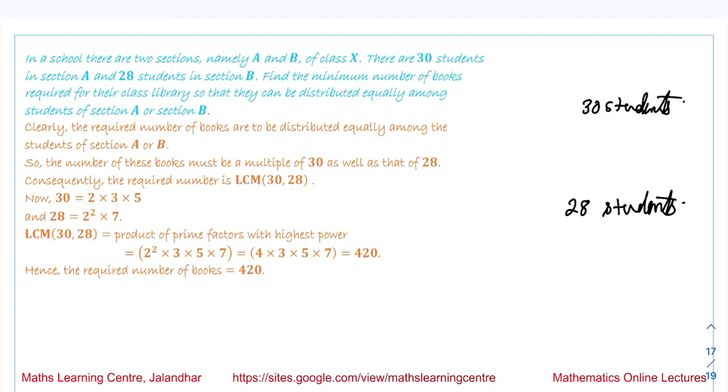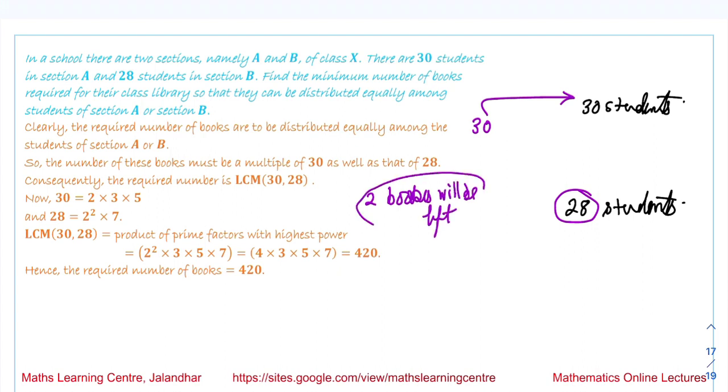Now we have to find the number of books that can be distributed equally among all these students. If we have 30 books in the library, they will be distributed equally among the section A students. But for the section B students, 2 books will be left. They cannot be distributed among these students. Next, suppose we have 60 books.